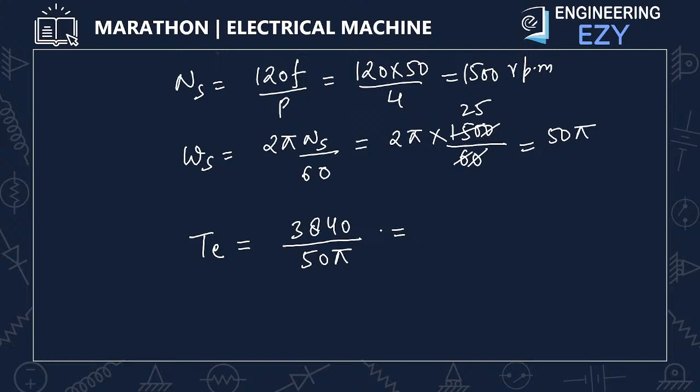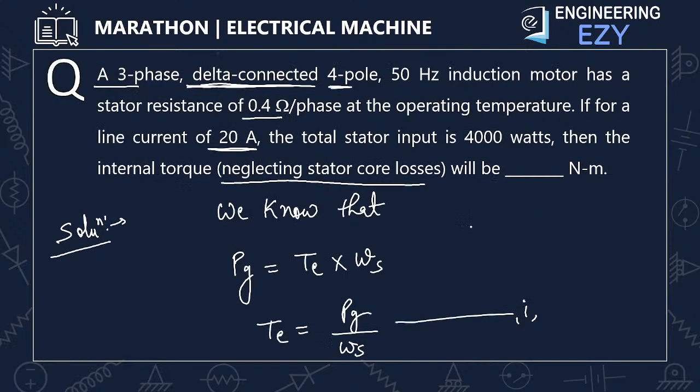I am also checking: it is 24.446, so you can write 24.45, up to two decimal points. 24.45 Newton meter is the correct answer of this question.